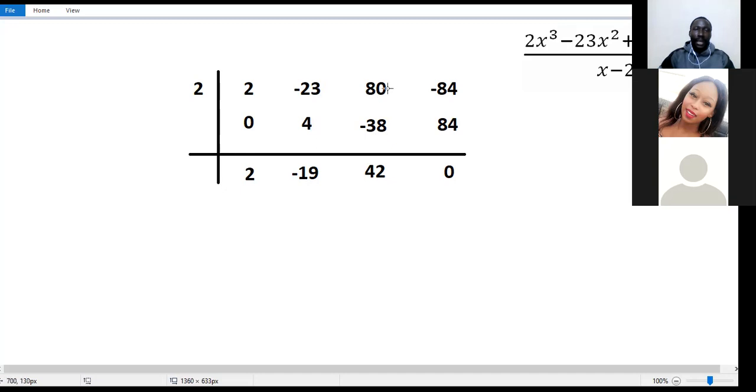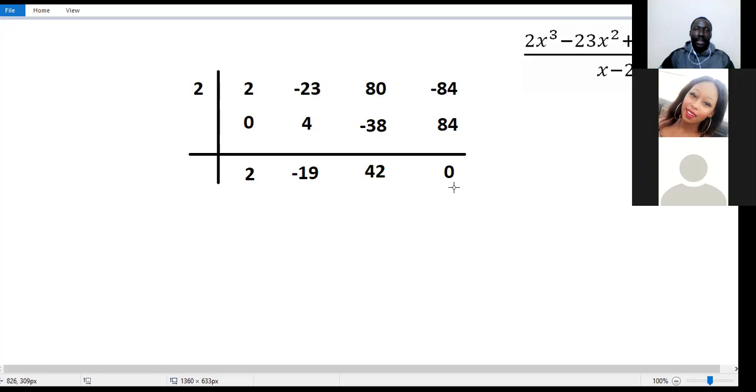To 80. So 80 plus negative 38 gives 42. Then again, you multiply this 2 by 42, so that you get 84, which you write under negative 84 up there. So you add these and you get 0.